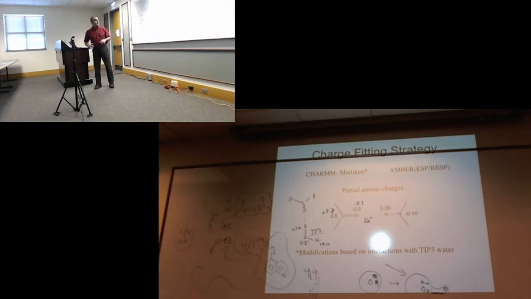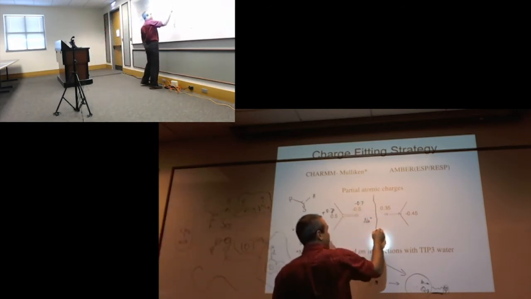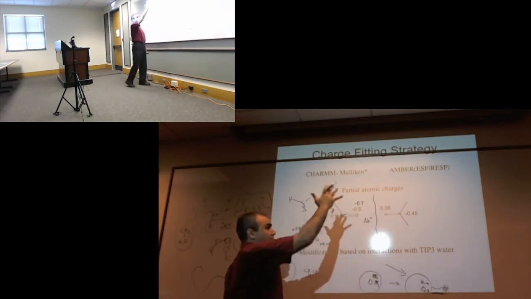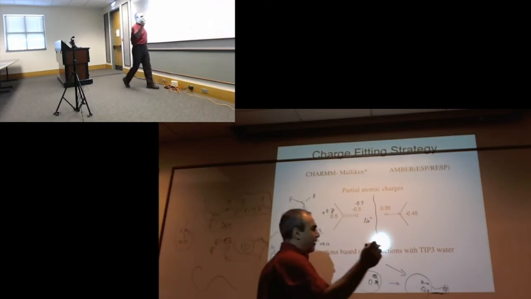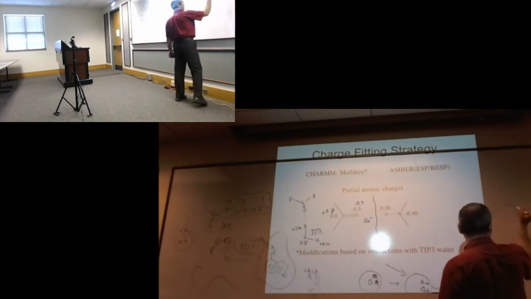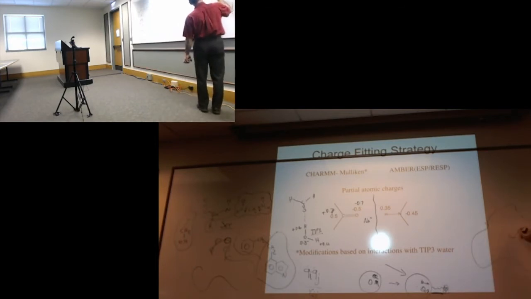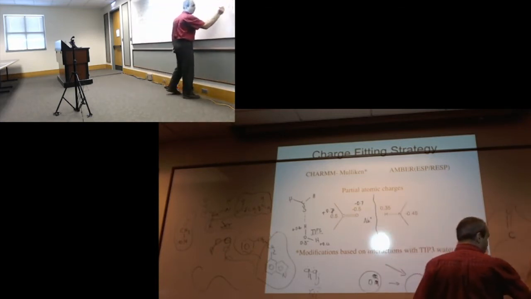Then wait. So now, for Amber, they had a different philosophy. They said, okay, well, Peter Kollman started that path, and their argument was, okay, I have this molecular system. The only thing I need is this guy right here. So I want to have a set of charges on these points here.